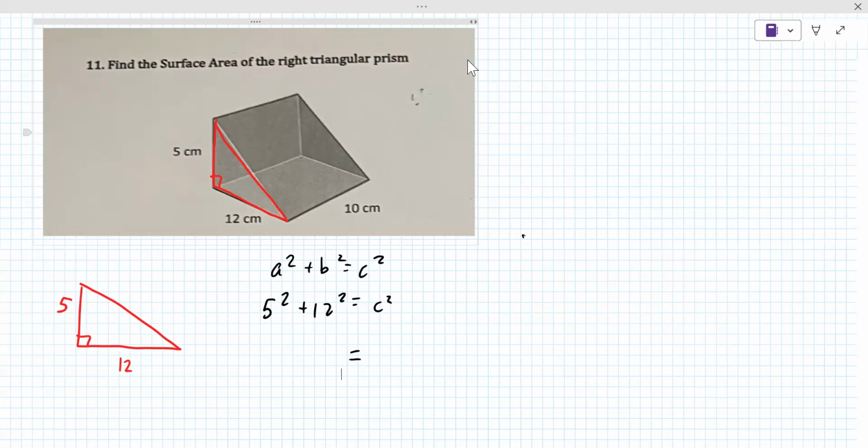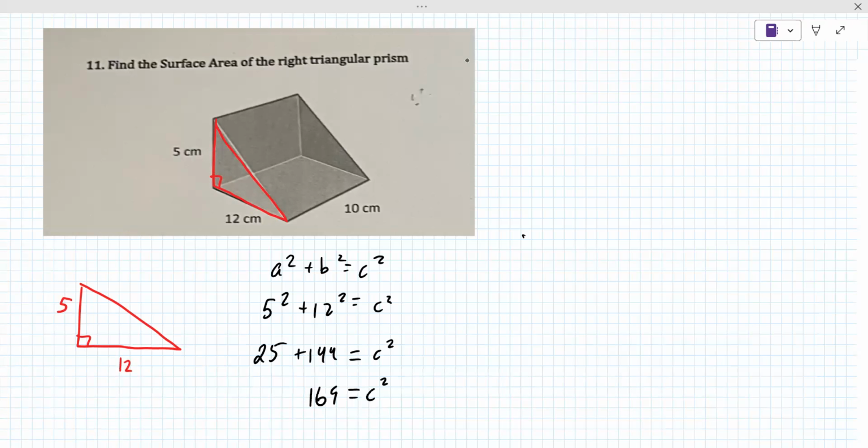Five squared is 25. 25 plus 144 equals 169. Okay, and then how do you undo a square?